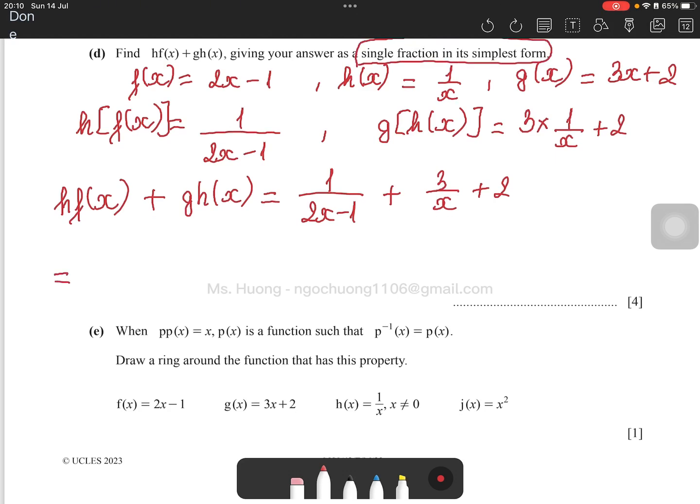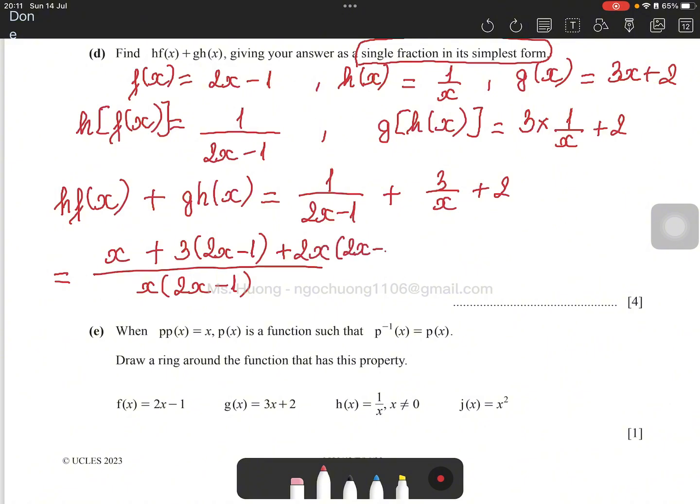The common denominator should be x multiplied by 2x minus 1. For the first fraction, we already have 2x minus 1, so we just multiply 1 by x, which is x. For the second fraction, we have x as a denominator, so we multiply 3 by 2x minus 1. And finally, 2 needs to multiply by x and 2x minus 1.